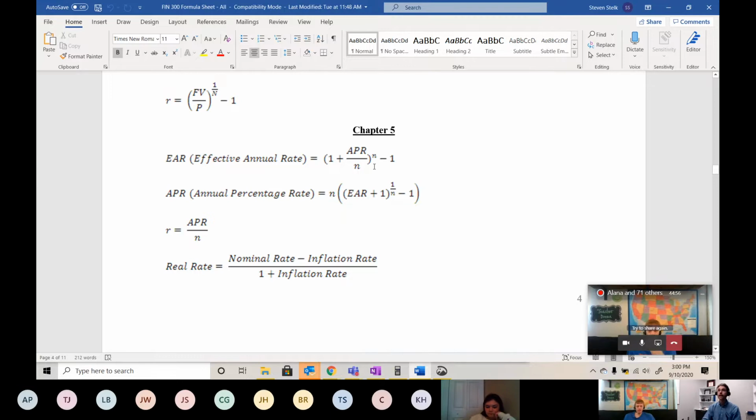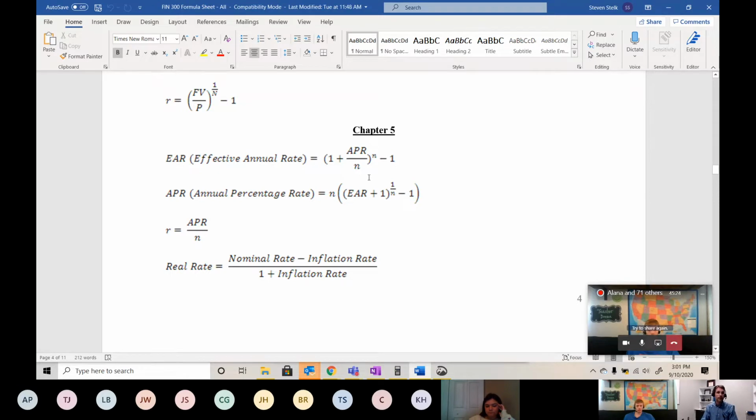The reason is because N is used in the time value of money formulas to mean the total number of compounding periods, or the total number of payments. In that previous problem that we looked at, the bond was outstanding for 16 years. So our N was 16. There were 16 total compounding periods. The thing that's in these formulas, EAR and APR, is not the total number of compounding periods.